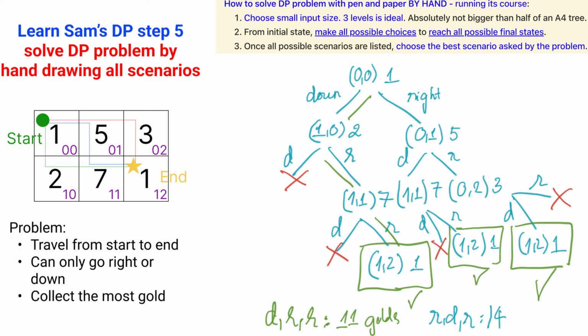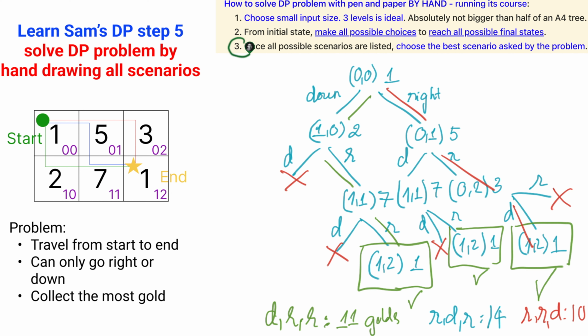The last path that we have is the red line here, where we go right, then down, with a total of 1, 5, 3, and 1 goal. So right, down is gonna give us 10 goals.